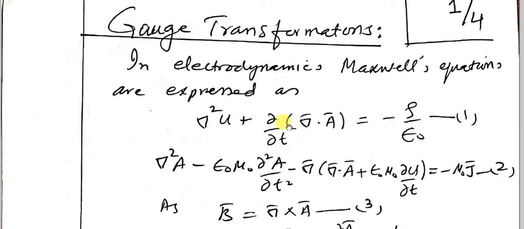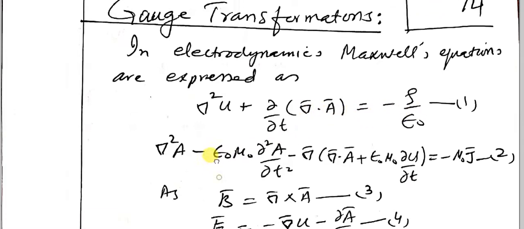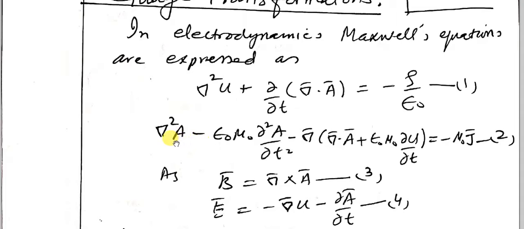So the U potential, this is the typical Poisson equation in electrodynamics, which we have done in the last topic. Similarly, for the magnetic vector potential A, del square of A minus epsilon mu naught delta 2 A by delta T square minus gradient of the divergence of A plus epsilon mu naught delta U by delta T is equal to minus mu naught J, equation number 2.